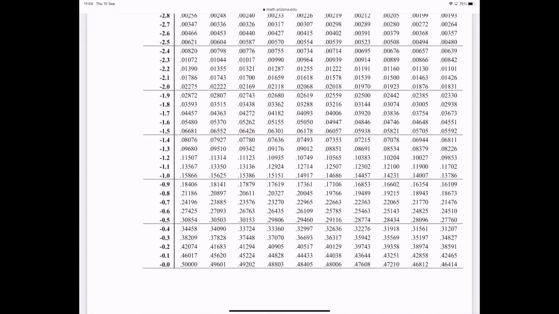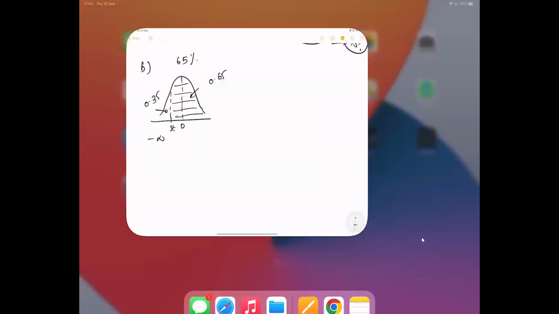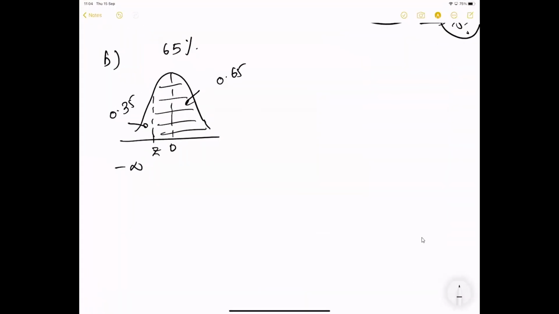You can see here in the table, minus 0.38 is somewhere here. We want to find this location.